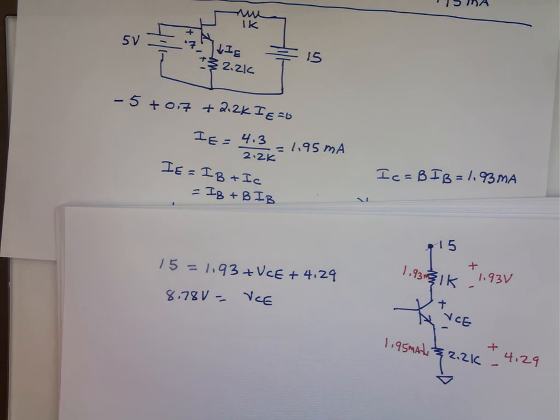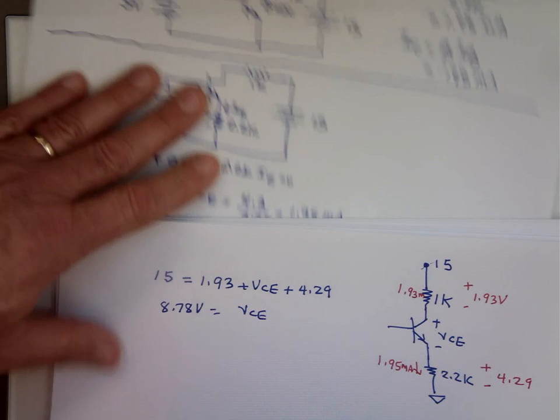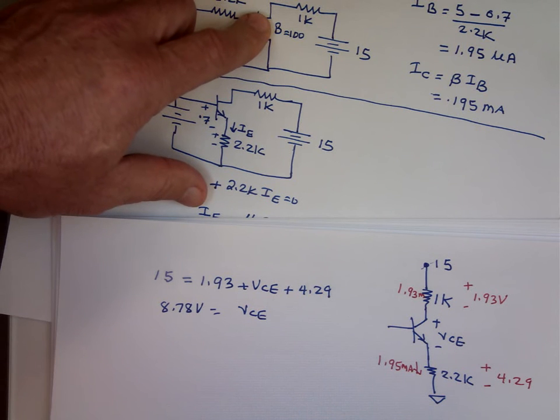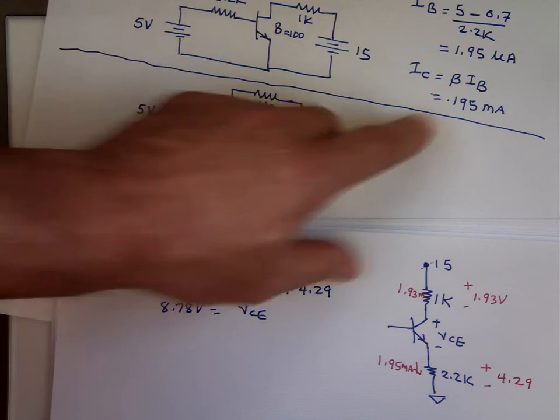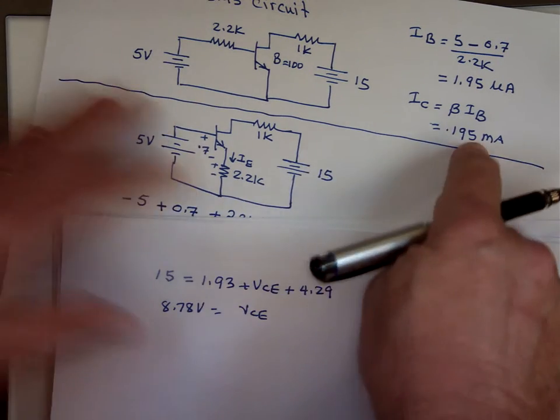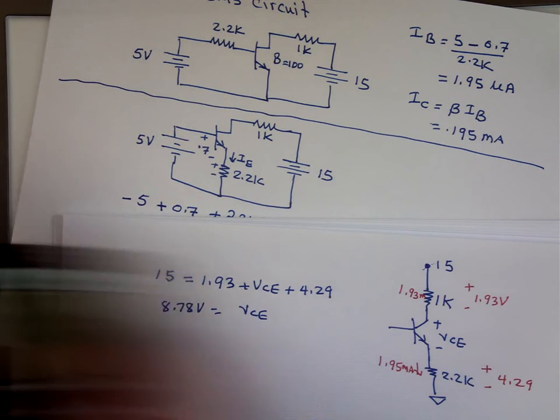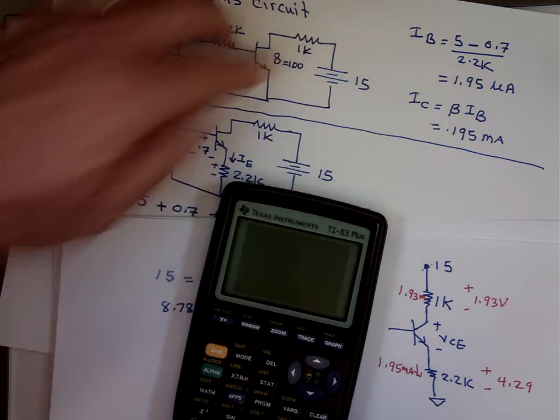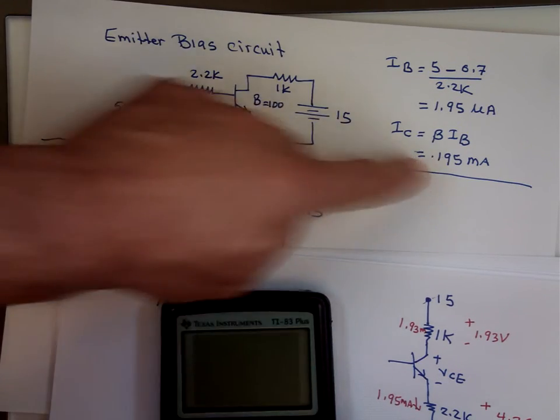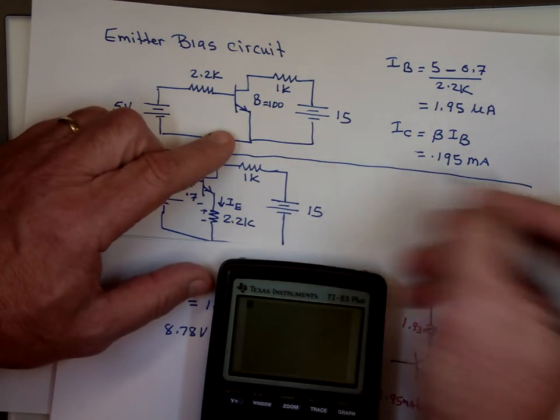So that changes the whole problem. Here VCE would have been much larger, because the current is what? 0.195. Down there in this circuit, in the original one, this is going to be VCE. I don't have space to write that here.